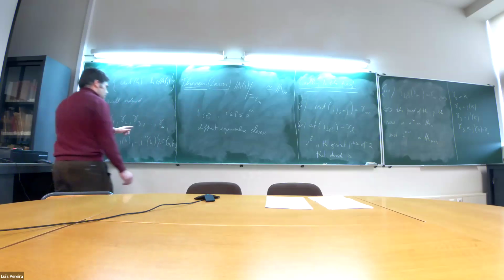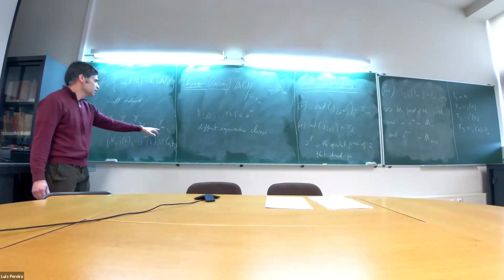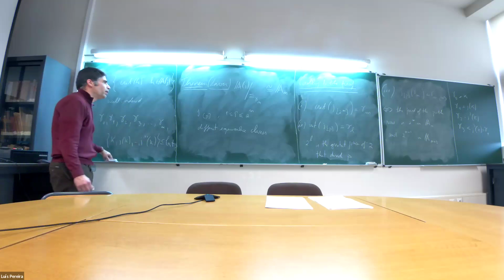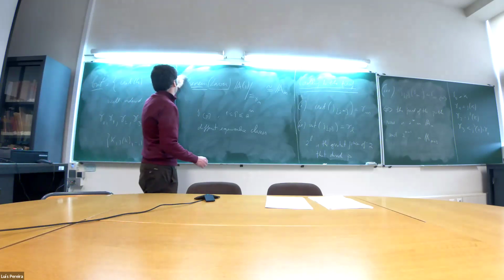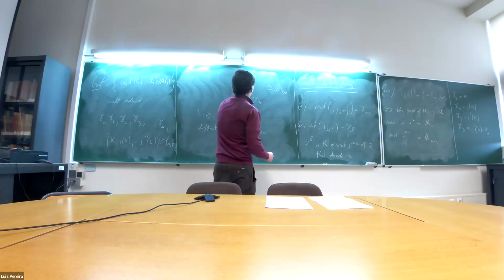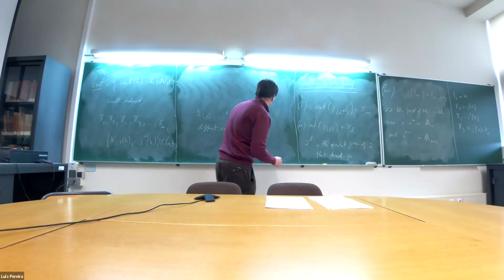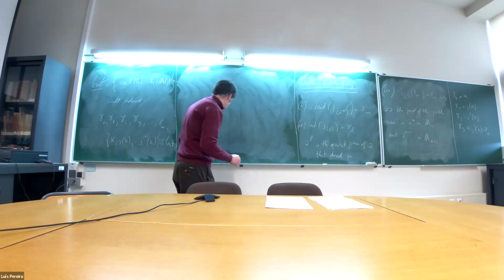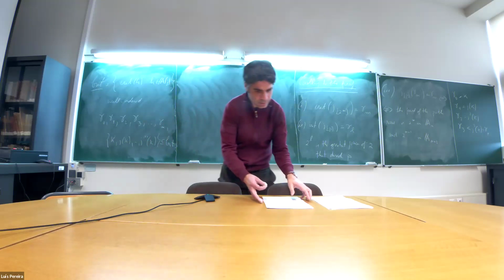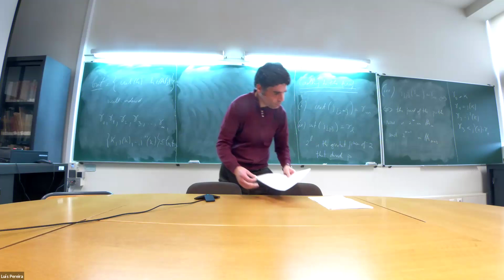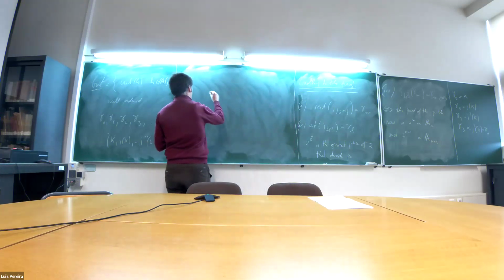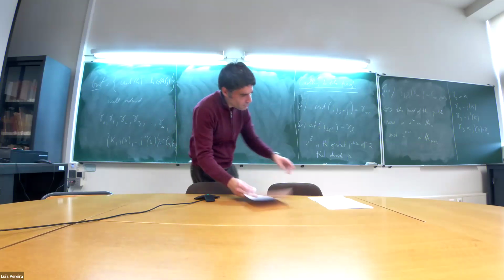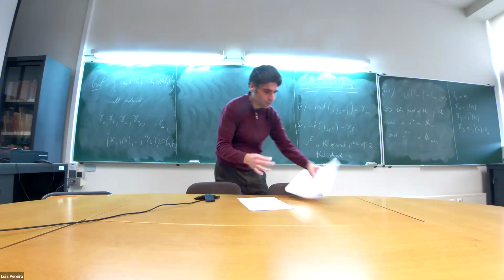So we have these gammas, and it could be that, for example, there's an infinite number. Suppose that there was an infinite number in some interval.